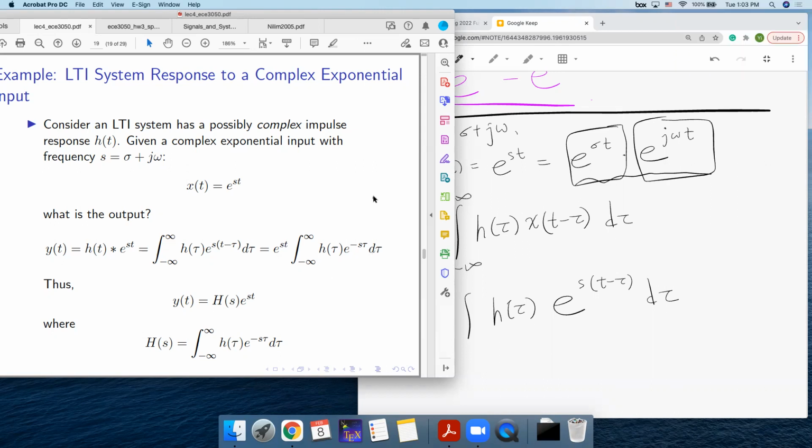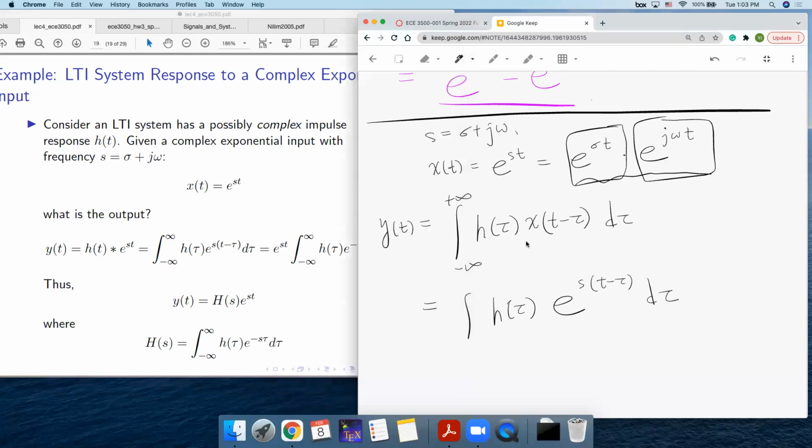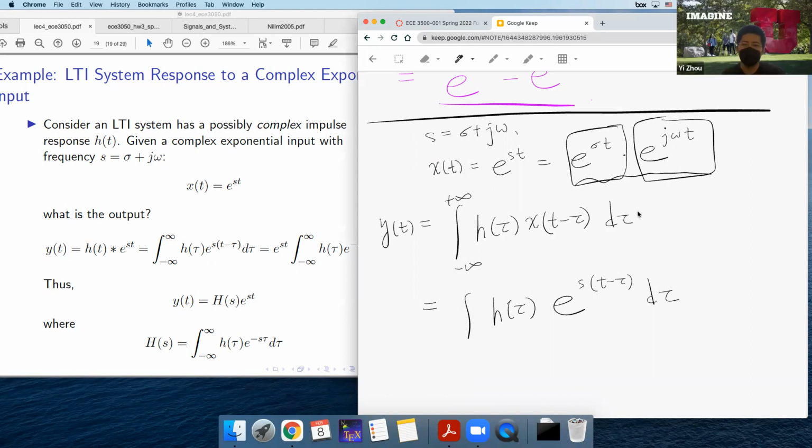I have a question. Yes. I'm confused about where the h(tau) and x(t minus tau) came from in this example. This is because we know this is an LTI system, so y(t) is the convolution between h and x, and by the definition of convolution, it is defined as this one.